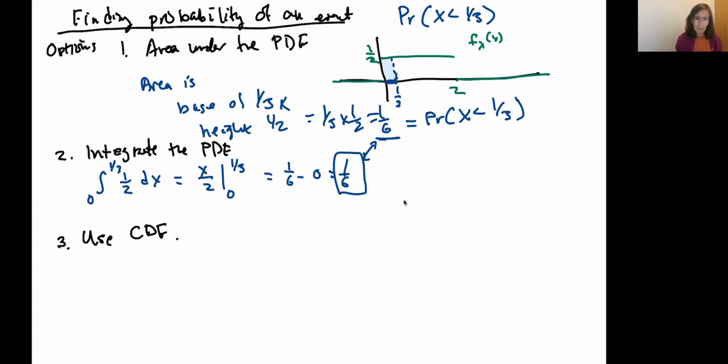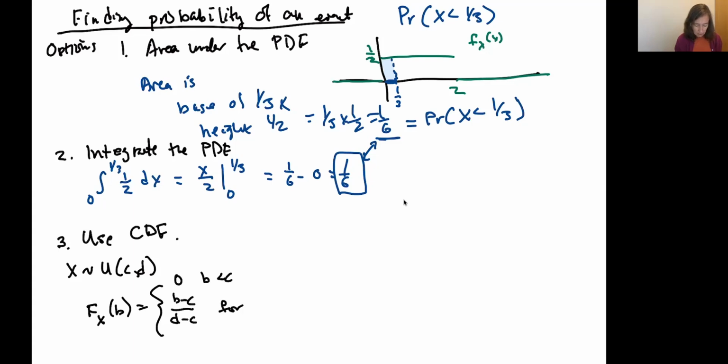And we, in one of the 7A lessons, derived the formula for the CDF of a uniform on the interval C to D. For any uniform random variable, what we found is that the CDF, the probability that X is less than B, is equal to 0 when B is less than C. It's equal to B minus C over D minus C for B between C and D, and it's equal to 1 when B is greater than D. That's what we derived.